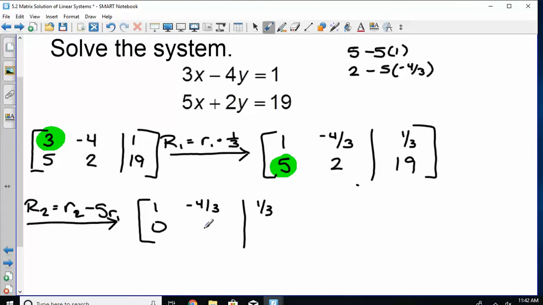What do you get? 26 over 3. 2 minus 5 times negative 4. Okay, the last one, we had a 19 minus 5 times 1/3.